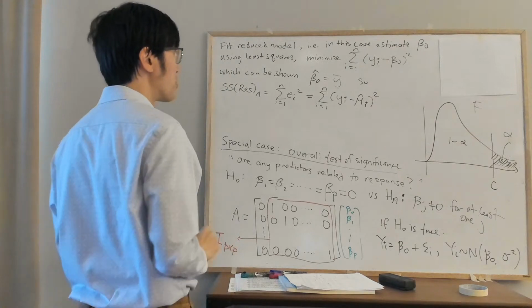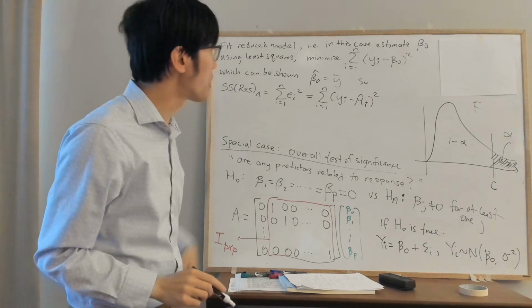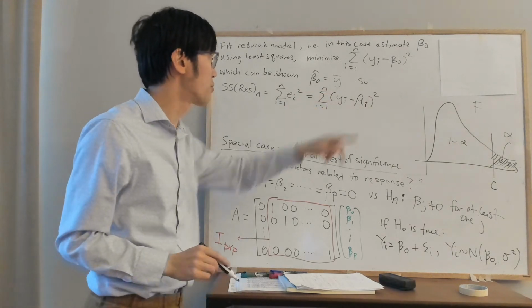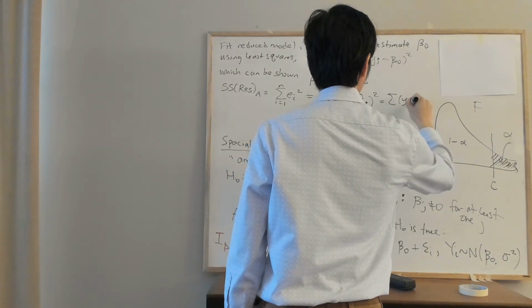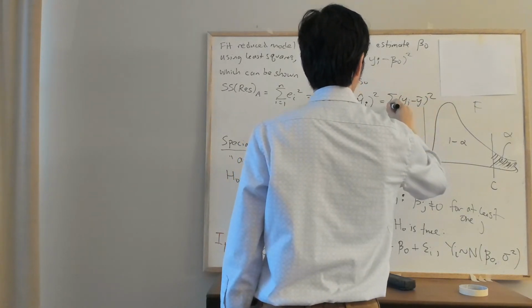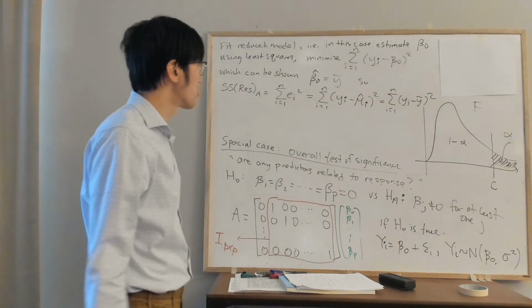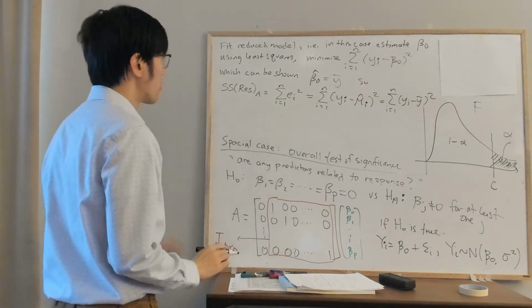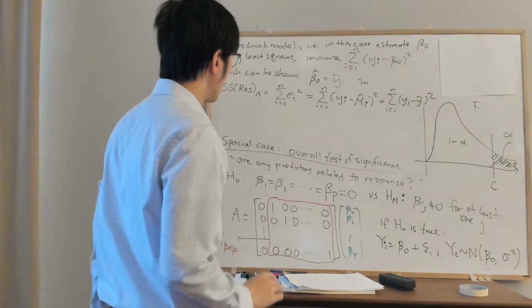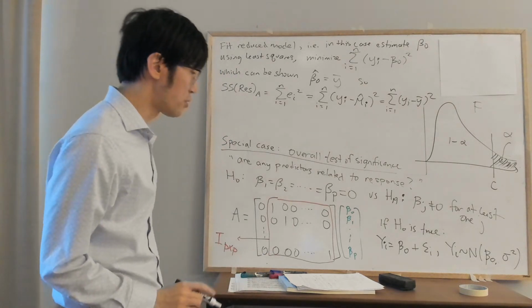That's still in general, but in this case specifically, the fitted value is simply beta 0 hat. So we can plug in y bar for the fitted value. So that's the sum of squares residual for the fitted model under this constraint.